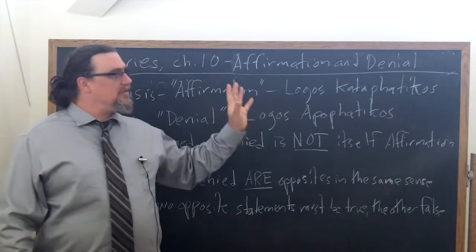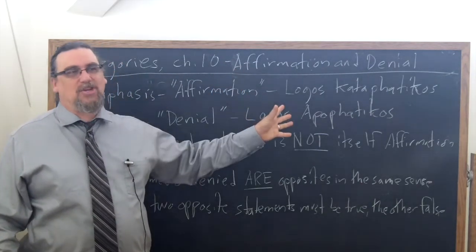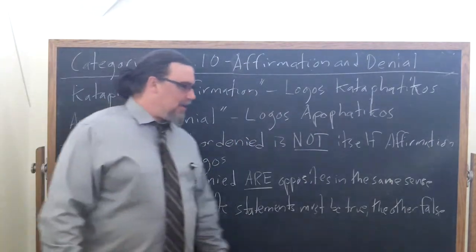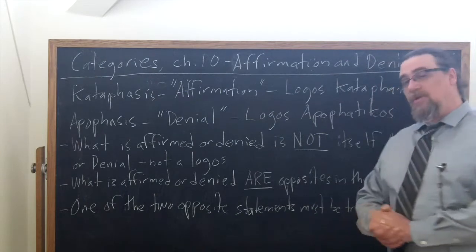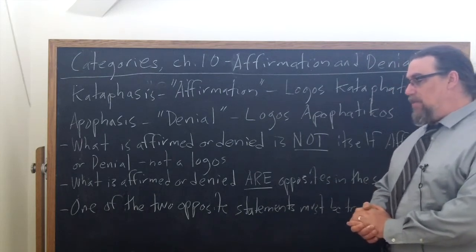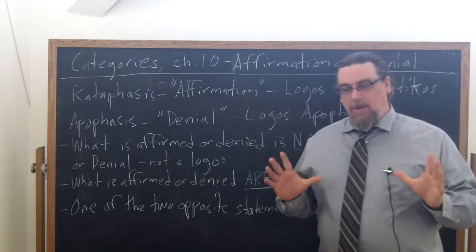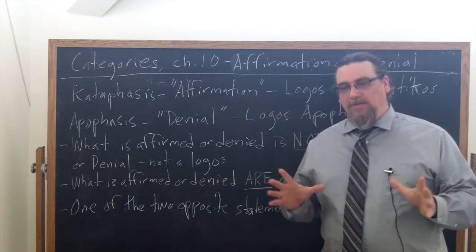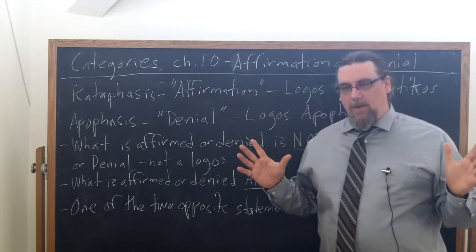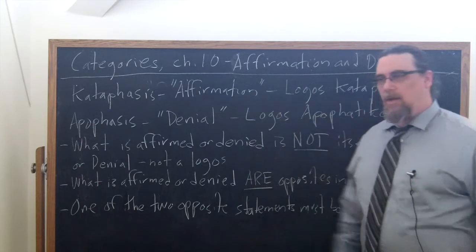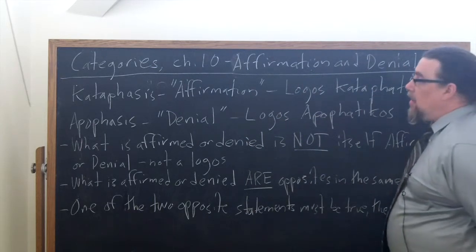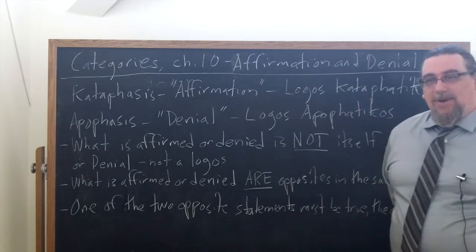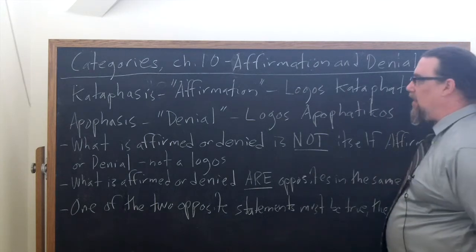Denial is negational statement, or negating statement, we could say, denying statement. So this is a very important point to keep in mind. And again, keep in mind as well that Aristotle doesn't think this is just in language, but also can be in thought, which works like language itself. We can engage in kataphasis or apophasis as activity.